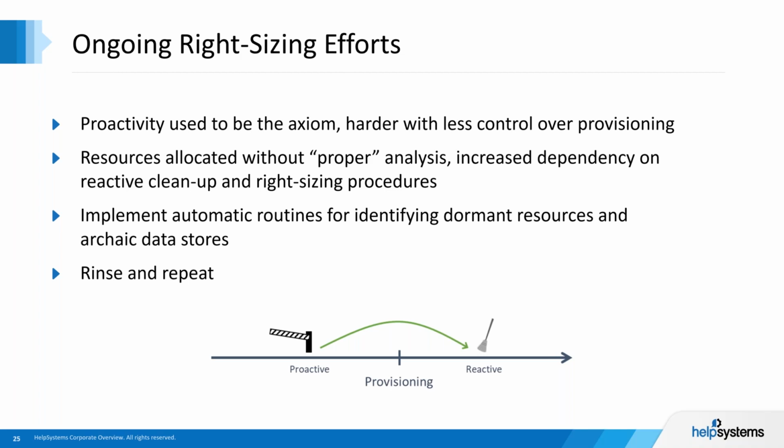So you have to do this constantly, over and over again, on a daily or weekly basis, because patterns change, the activity of applications changes, and whatever assumptions were made when you initially sized a resource in the cloud may no longer be true.